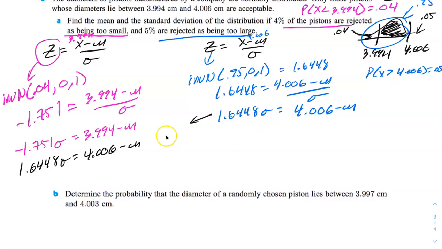Then elimination, I'll do that. Multiply the top row by negative, so I get positive 1.751 sigma equals negative 3.994 plus mu.